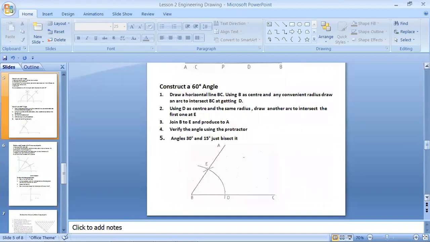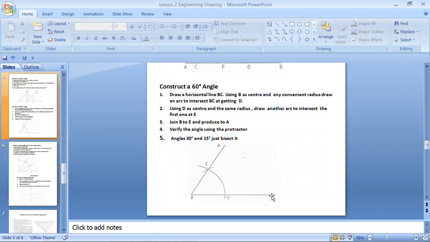And now let's look at how to construct a 60-degree angle in technical drawing. Right, 60-degree angle. When you have the line BC at the given size, say for instance, BC is 70 millimeter. Using the T-square, you draw a horizontal line, and then you measure it 60 millimeter.